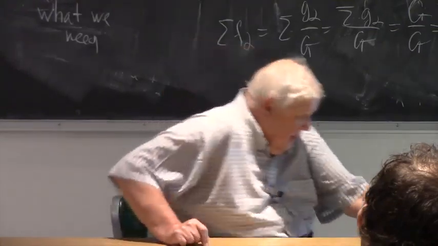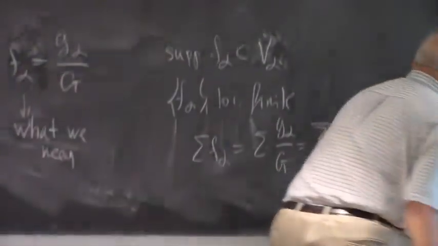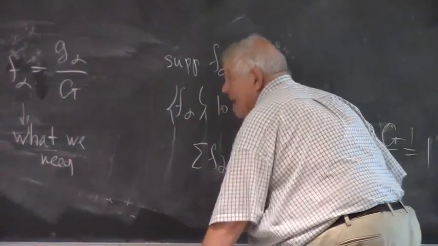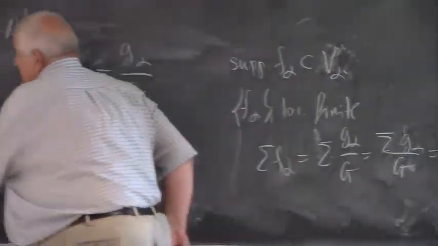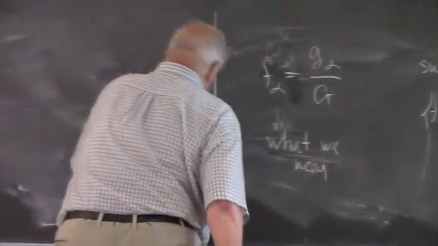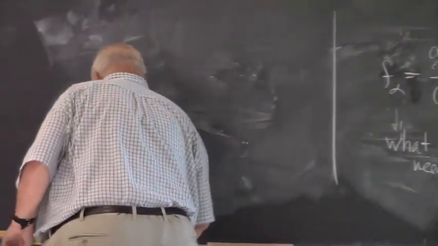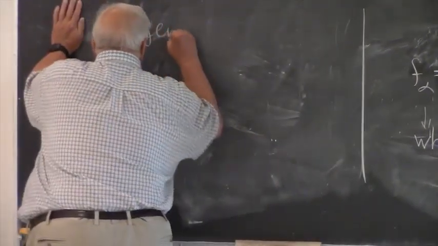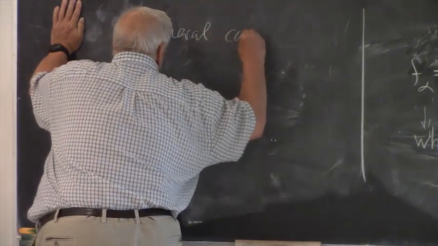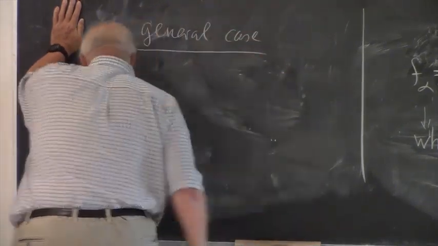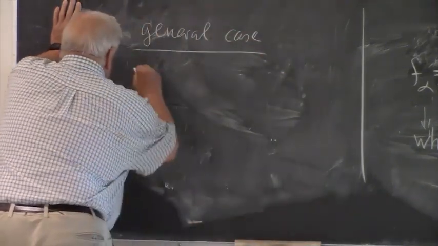So let us turn to the general case. Now U is arbitrary.